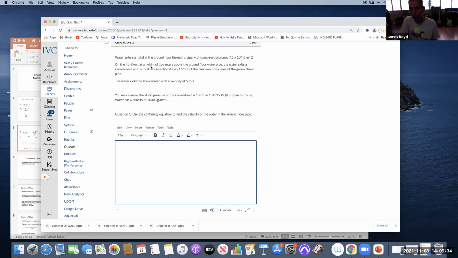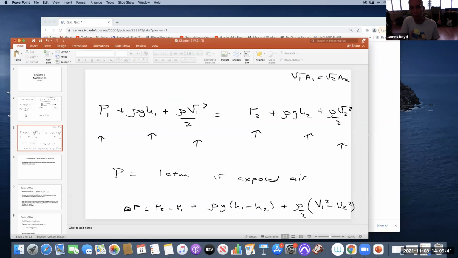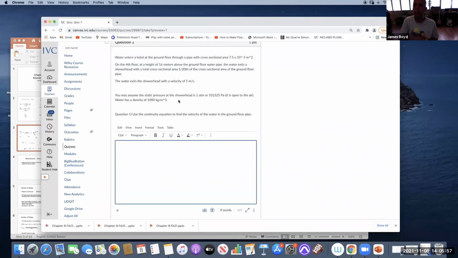You could also write that the height at the ground is 0. So the height at the 4th floor will be 16 meters. Therefore, we know 0, 16, and we know the cross-sectional area, 7.5 times 10 to the minus 5, and this is 1/20th of A. We're told the velocity at the shower head, so A2, V2, is 5 meters per second.